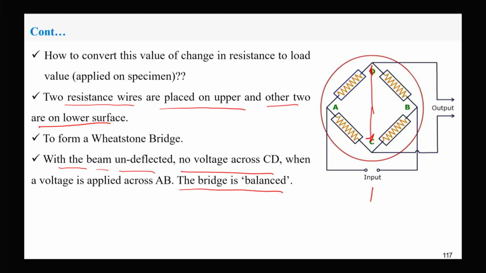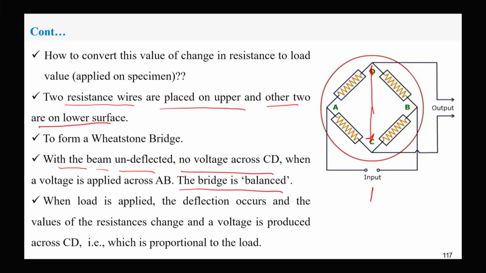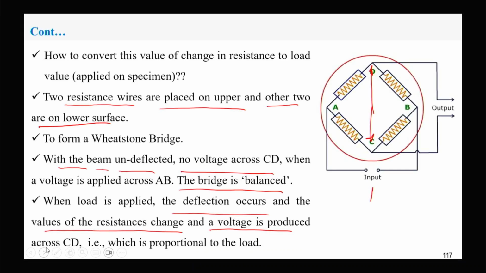Any voltage applied across AB, there will be no voltage across CD. When the load is applied, the deflection occurs and the values of the resistance change due to the change in their length. So voltage is produced across CD, and this is proportional to the load, as I have discussed. Initially the calibration needs to be done to form a regression equation.